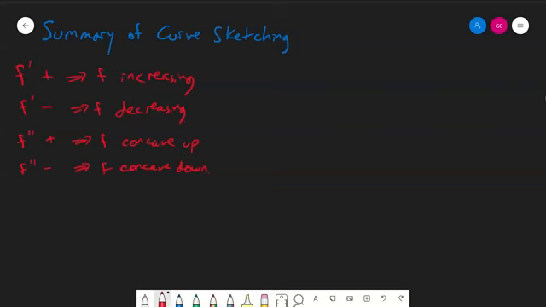We also saw a while ago how limits of a function can tell you about how the graph looks. So we looked at horizontal asymptotes. To find those, you look for the limit as x goes to negative infinity of f of x.